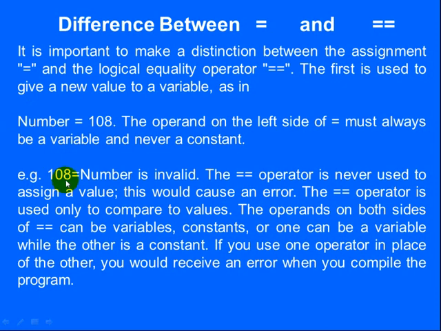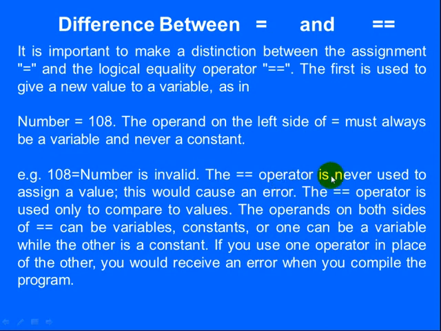So we cannot modify the value of the constant. Constants are those entities whose value we cannot modify. So to the left side of this assignment operator there has to be a variable. So this statement is invalid.